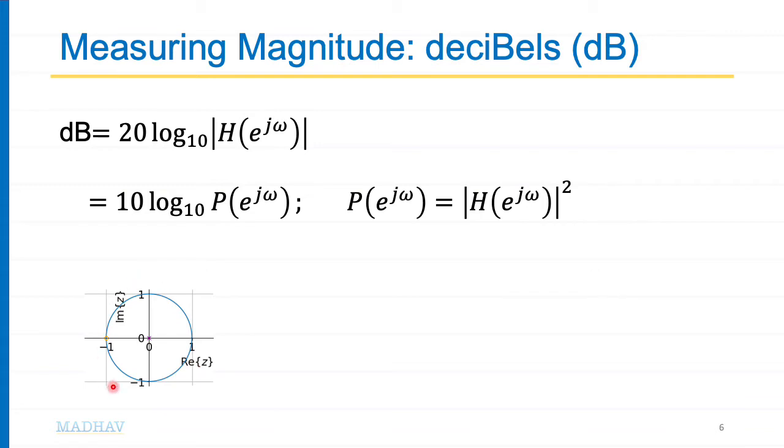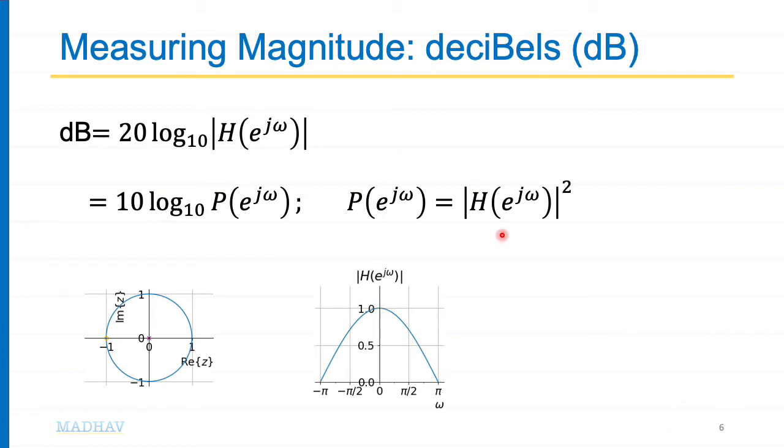Now let's look at an example H(z). We have a pole at 0 and a zero at −1, and if I plot it, there is a zero at −1. So what do you think it will be? At pi it is 0, which means it is a low pass filter. And now what do you get?